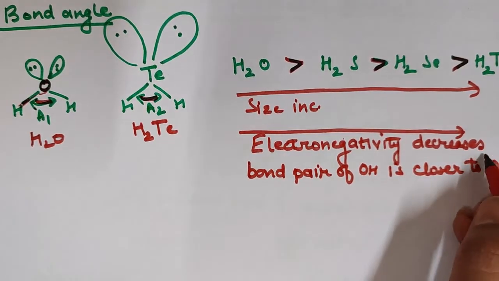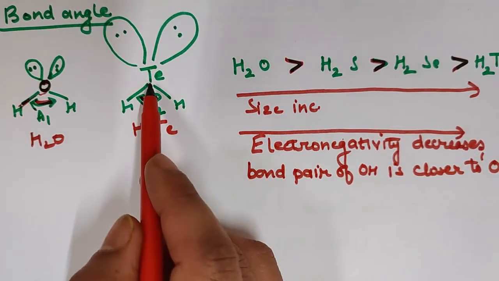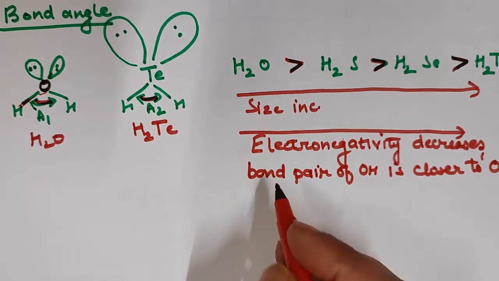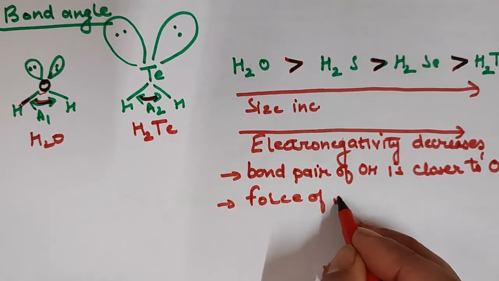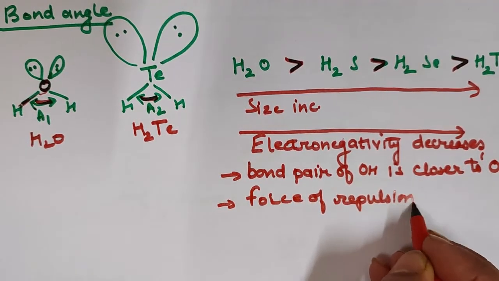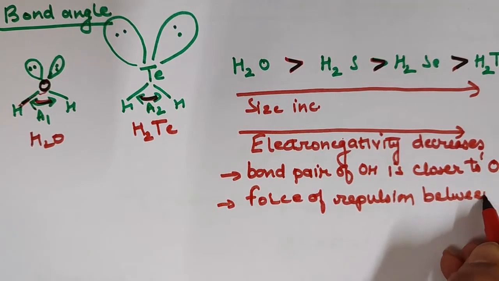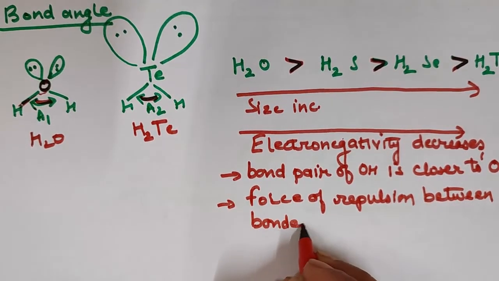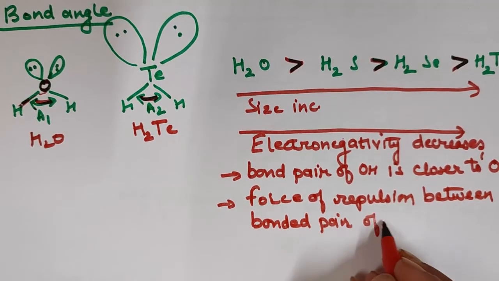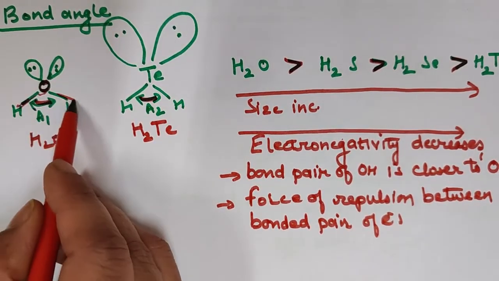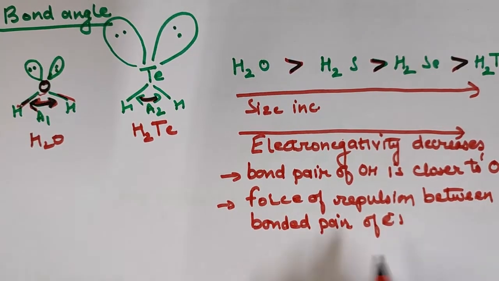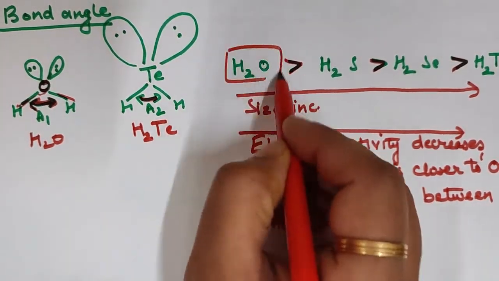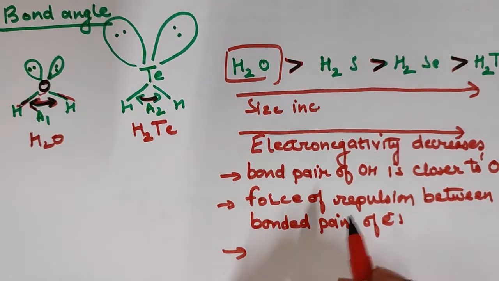than the bond pair which is present in case of tellurium. Therefore, the force of repulsion between the bonded pairs of electrons, this one and this one, is more, and because of this the bond angle will be more in case of water as compared to the rest of the elements.